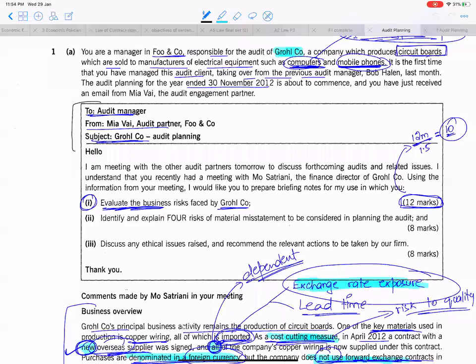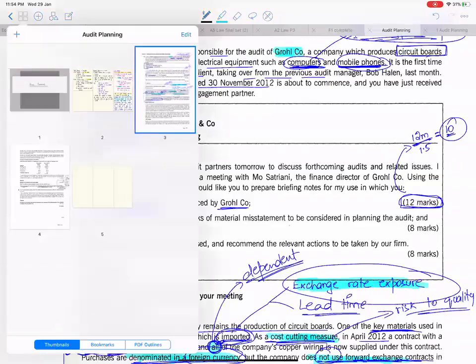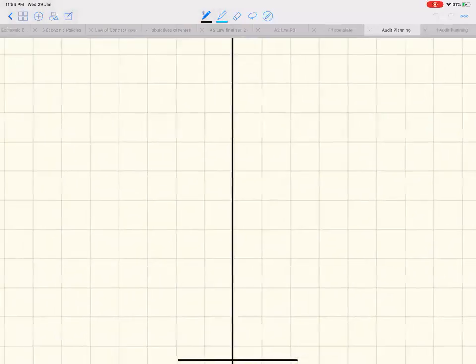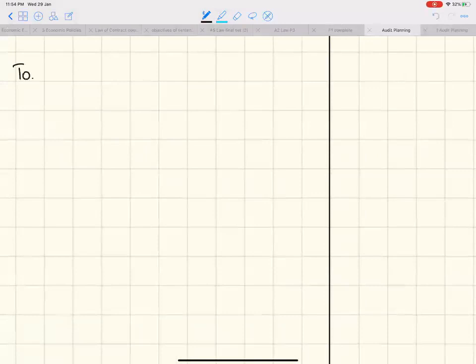To audit manager from Miyawai audit partner Fu & Company, subject Grohl company audit planning. First of all, you have to substitute the to and from titles. The email was sent to us by Miyawai, so now we are replying to Miyawai.